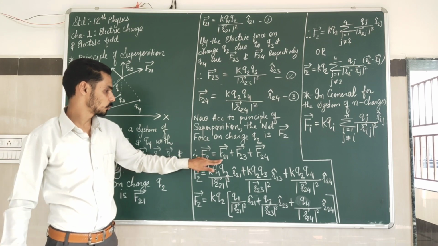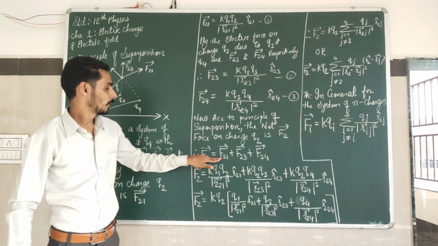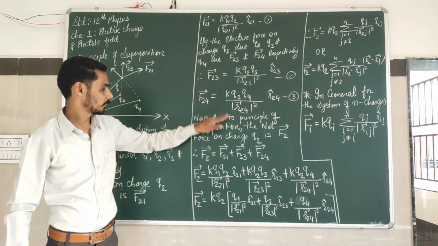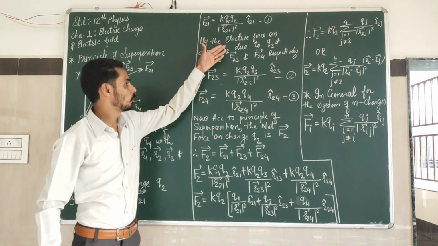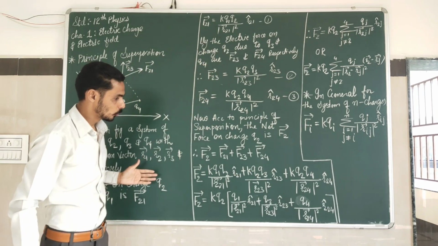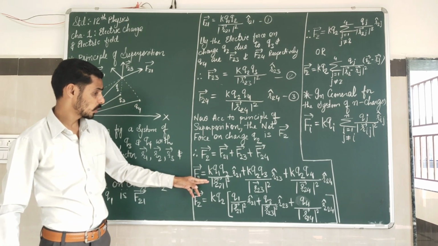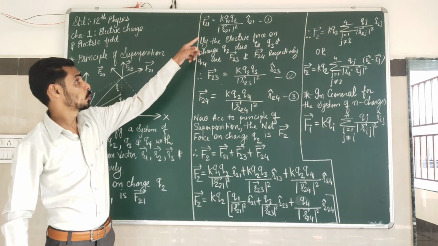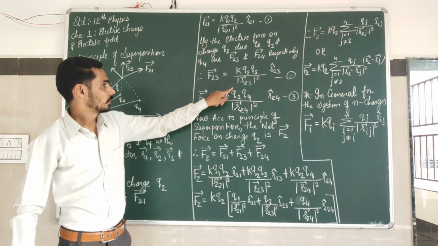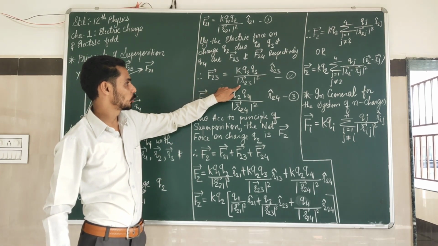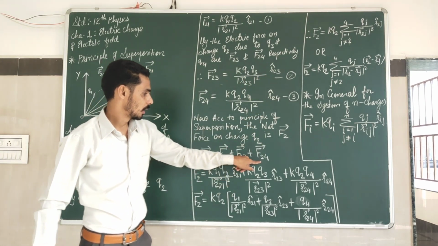F21 we found here, plus F23 from here, and lastly F24. Individually you found all three forces, now we do vector addition. Putting in the values, F21 is K Q1 Q2 by R21 the whole square R21, and F23 is K Q2 Q3, R23 magnitude square, R23 the direction.